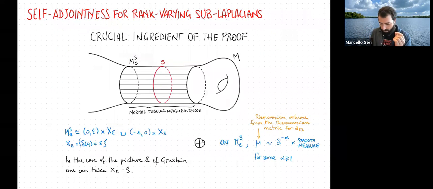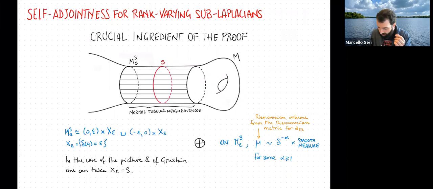Proving that you have essential self-adjointness boils down to showing that you have a nice normal tubular neighborhood of your singular set. So that around your singular set, you can flatten it, have a nice cylinder with a metric that is orthogonal to the singular set, and that behaves nicely in the other directions.